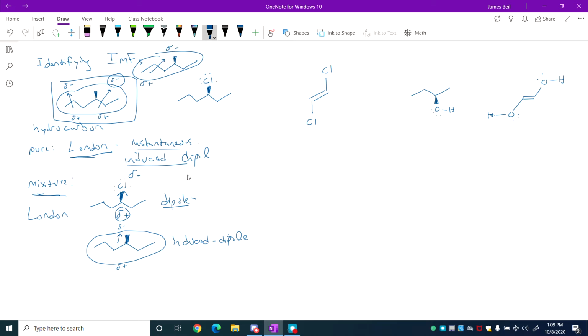So that's an instantaneous dipole where one molecule forms a random dipole for an instant, attracting to an induced dipole where the other molecule forms charges in response to the first molecule, so electrons can shift away and avoid repulsion, and that actually exposes some areas of opposite charge to attract. So that's a nice little summary of London forces for you.